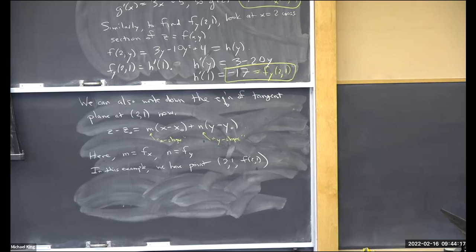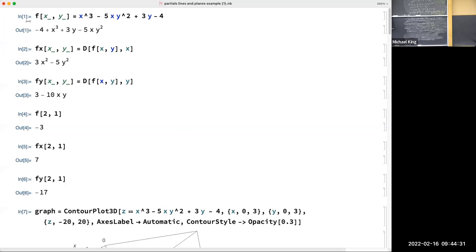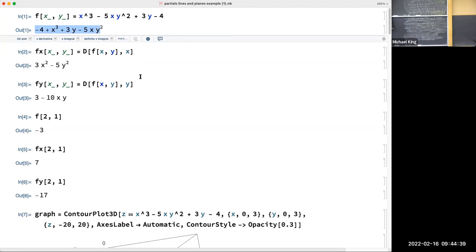Go back to the original function. Actually, if you look at the Mathematica, one thing you can do in Mathematica that's nice is you can define functions. So once I define this, it knows that f of x, y always means this function.